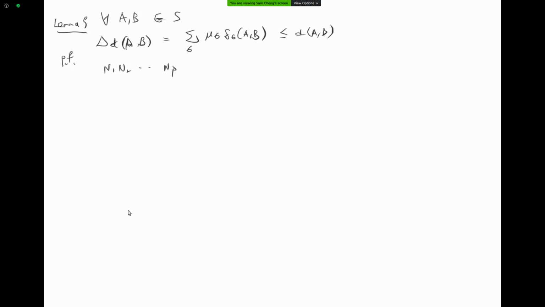Basically M1 will include A there, and MP includes B, and this is a path going through each node here, M1, M2, and so on up to MP there.